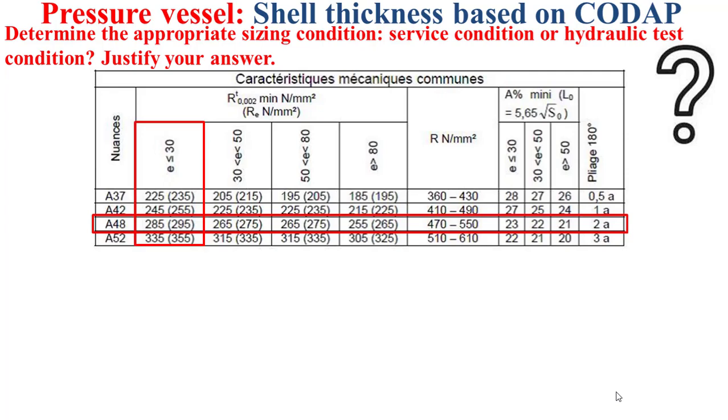So in our case, as I explained in the previous video, we have a yield strength around 285 megapascal, and a tensile strength varying between 470 megapascal and 550 megapascal.